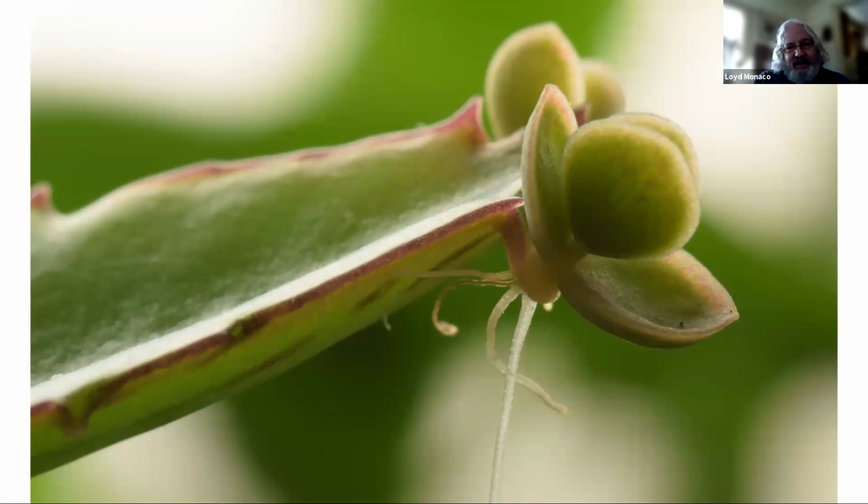And what will we say on this? Does this fall into a category of a mother of millions or a mother of thousands? Any guesses?